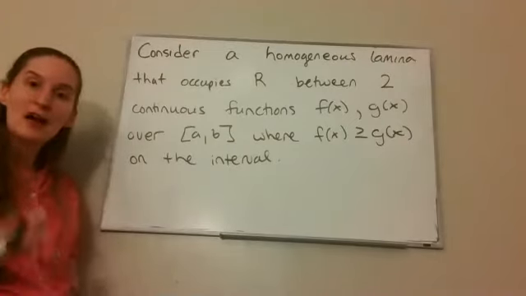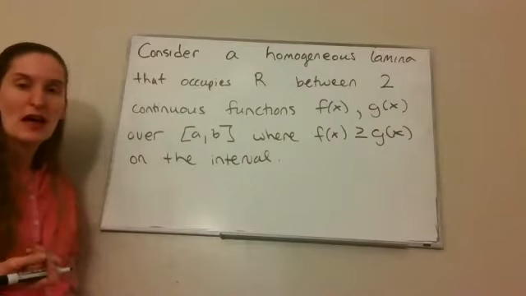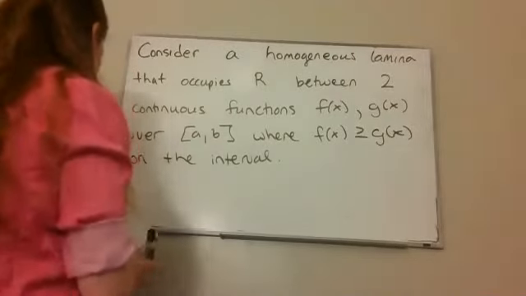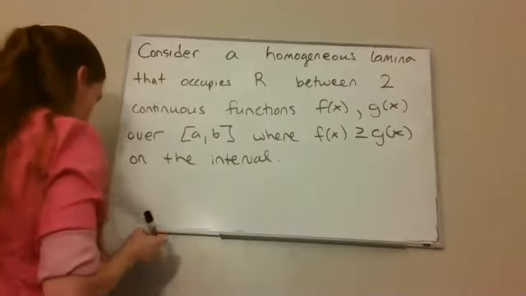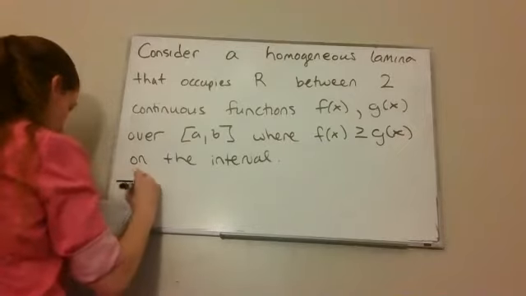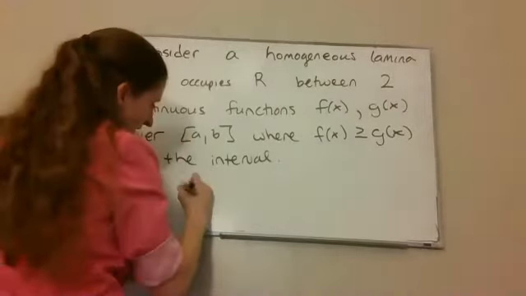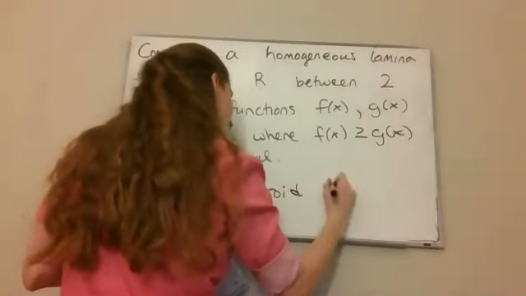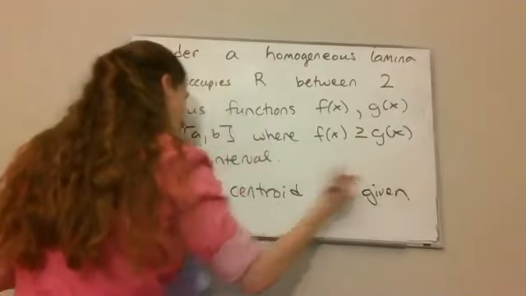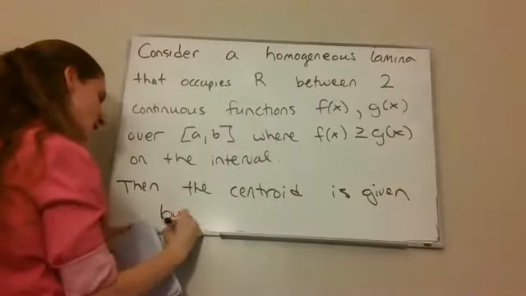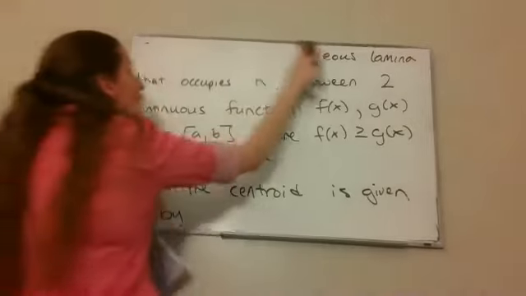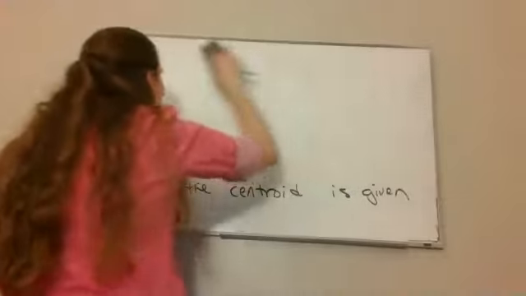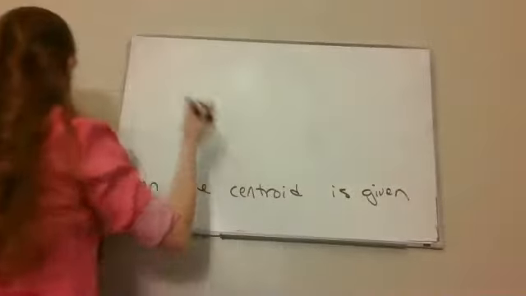But if we combine our knowledge from earlier in the class, finding the area between two curves, with our new knowledge of centroids, we get the version of the formula for centroid where our region is between two curves, given by these formulas here. Basically the same thing, except we're going to have an f minus a g.